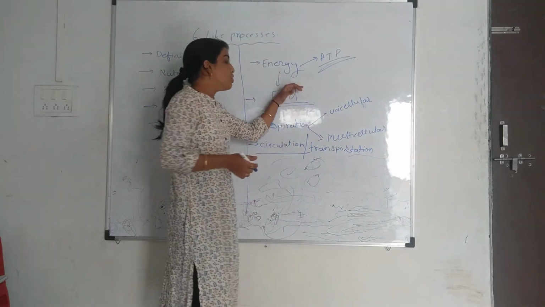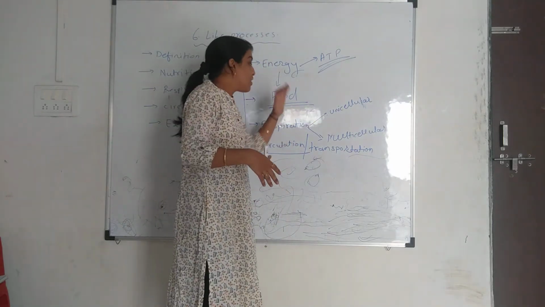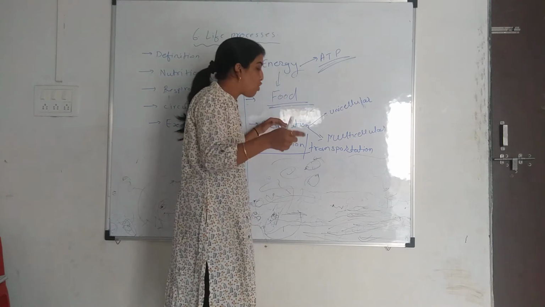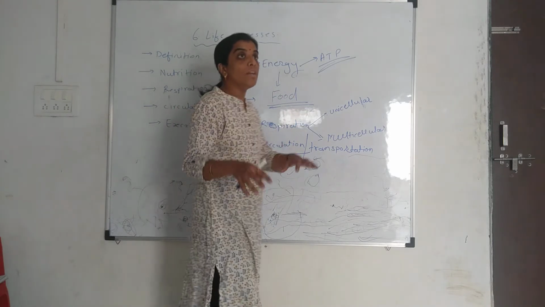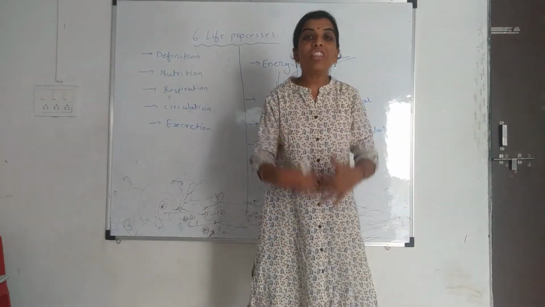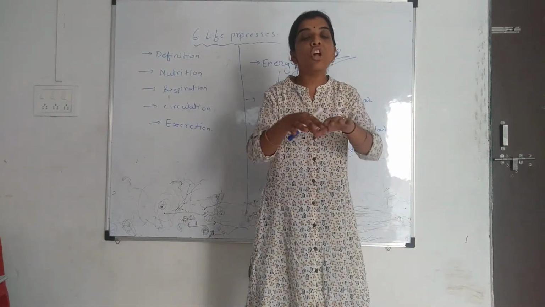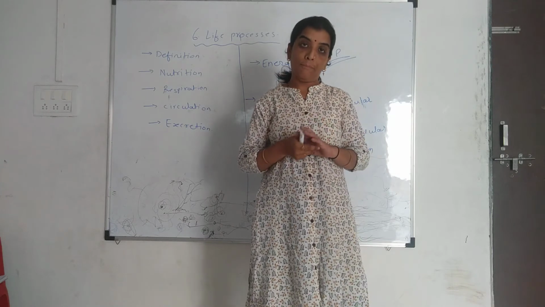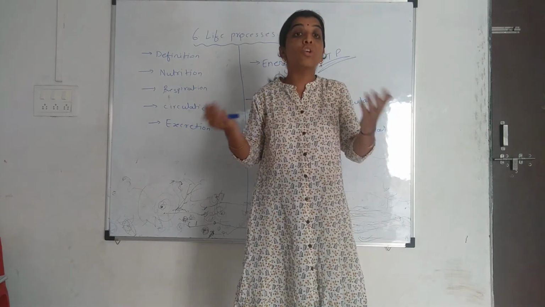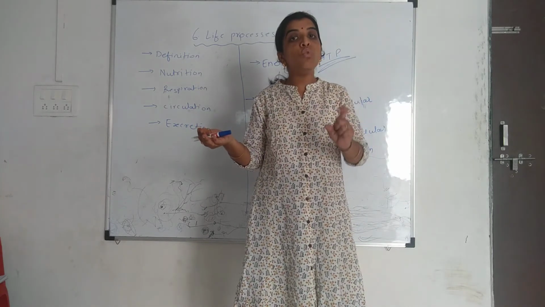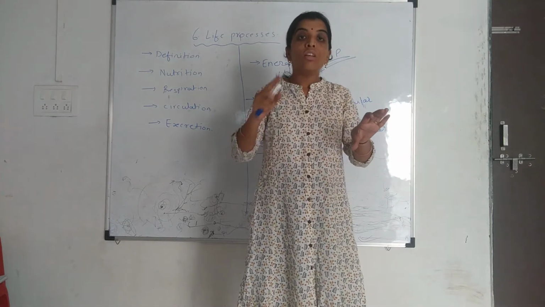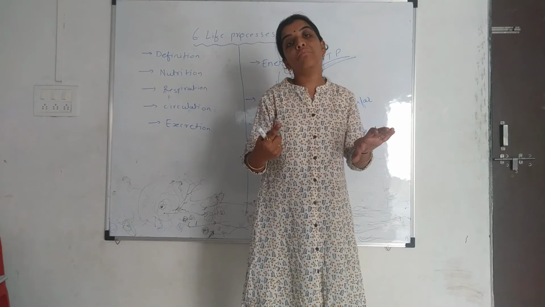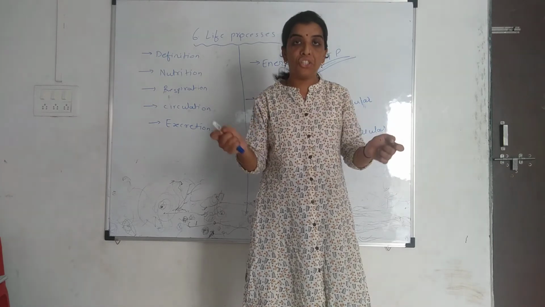Now let's take another view of that, or we can say what is the next step. The nutrients are taken into the body, converted into usable form, and transferred from one part to another part. But what is happening with the material which is not required for our body? Where does it go? It should be removed out of the body of every living being. So this process is nothing but the excretion.